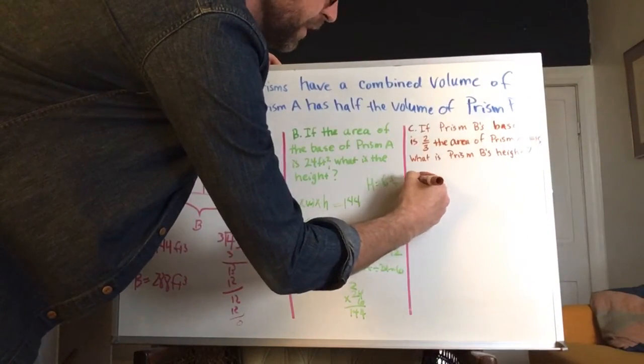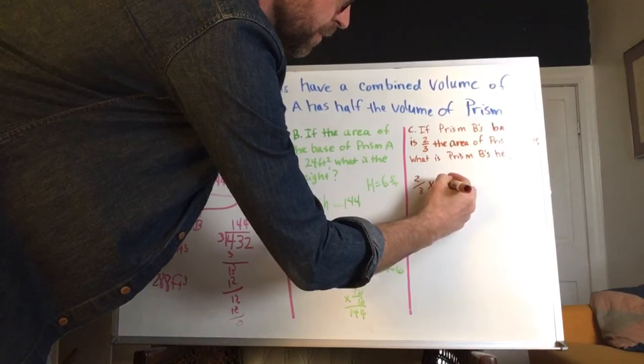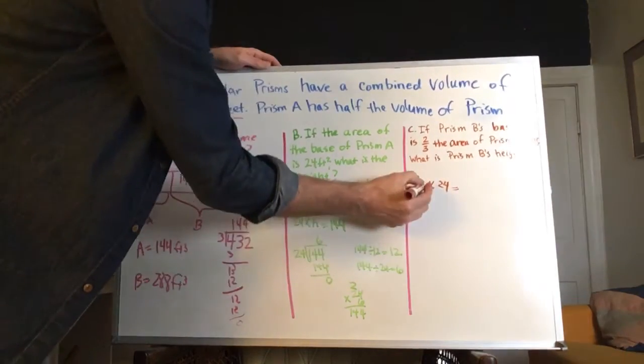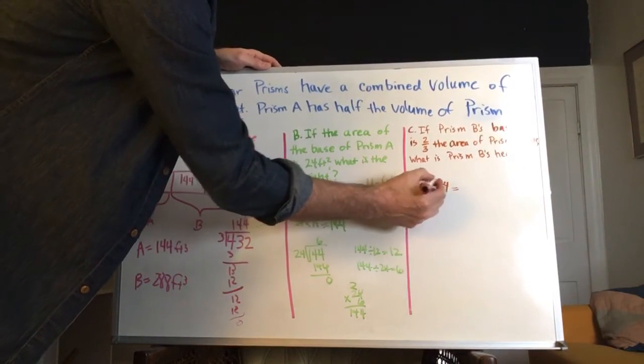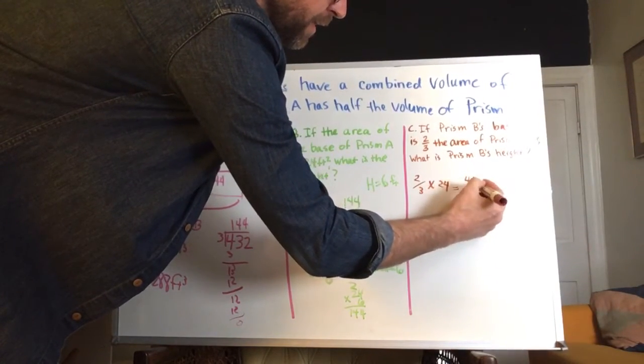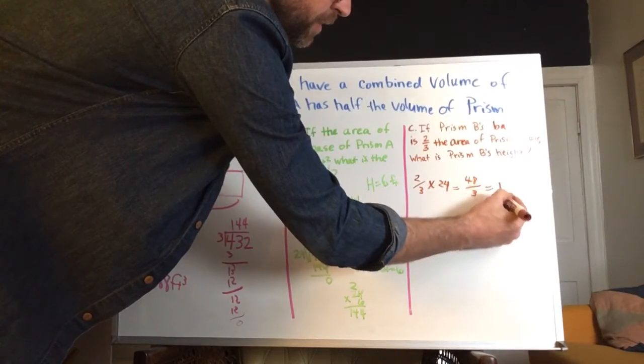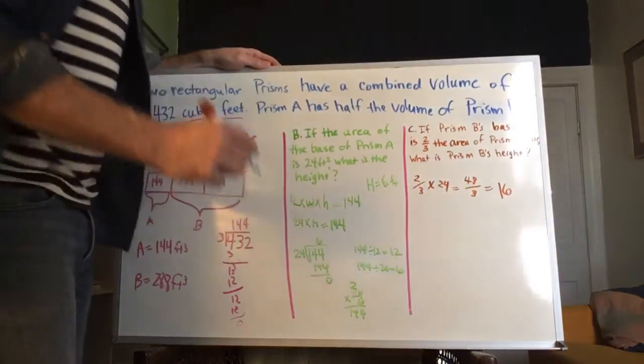Well, that "of" means 2/3 times 24. And remember, when you multiply a fraction by a whole number, we just multiply the numerator by the whole number, and that gives us 2 times 24, which is 48 thirds. So 48 thirds is 16.